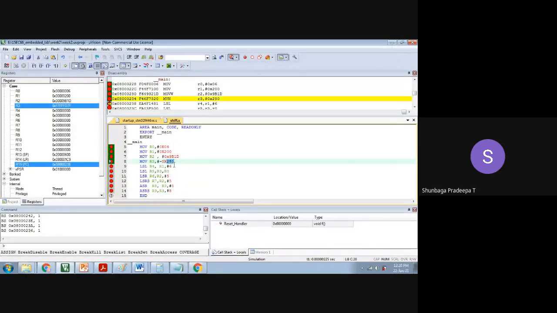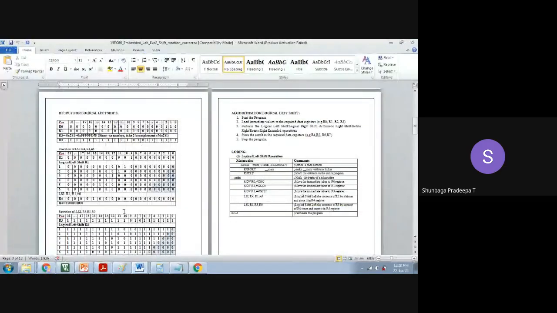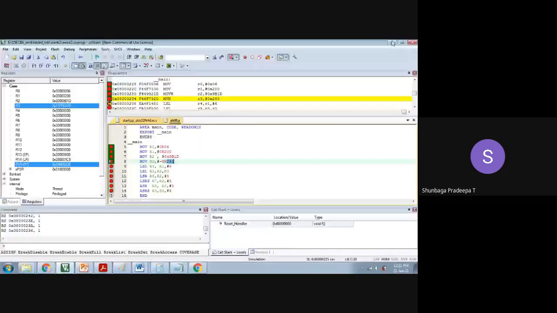So 281 you have to write in binary first, take the 1's complement and add 1 with that. So you will get the 2's complement of minus 281. This is in hexadecimal, so you have to represent 281 in binary and take the 2's complement. I think I have given this in your manual. So for a negative number, take the 2's complement of 281 and then get this R3 register value.